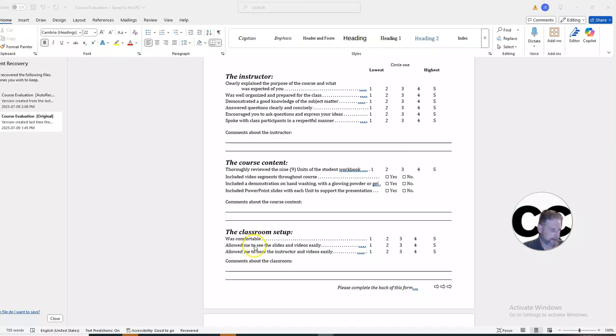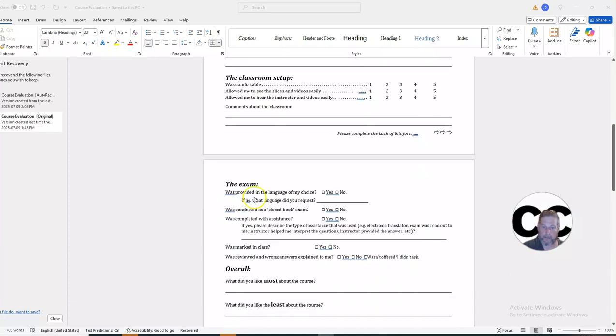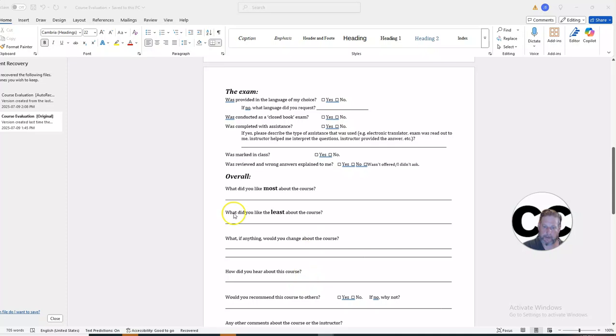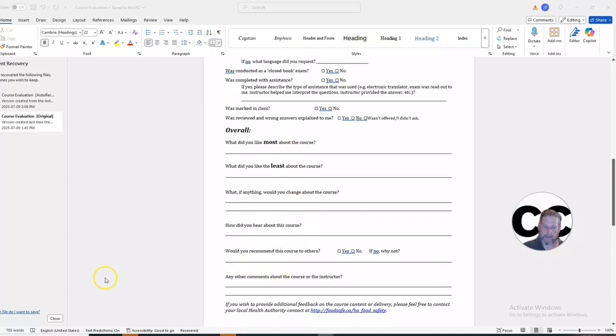The different parts of the design of the course, the slides and the way the lecture was done, how they felt the exam was, if it was difficult, and any comments overall that they want to add. There's spaces for that as well.